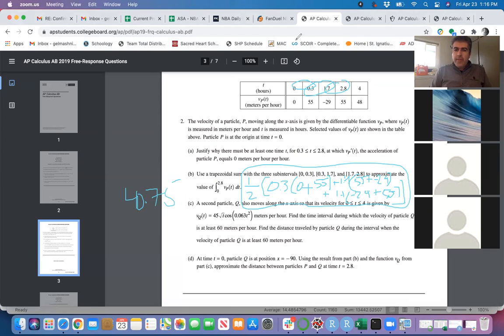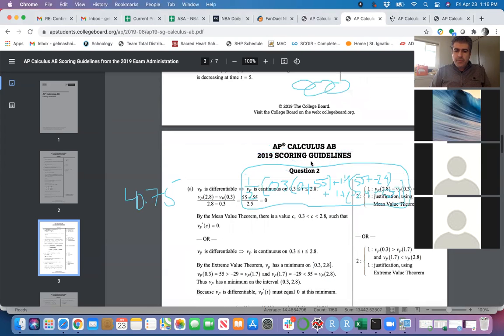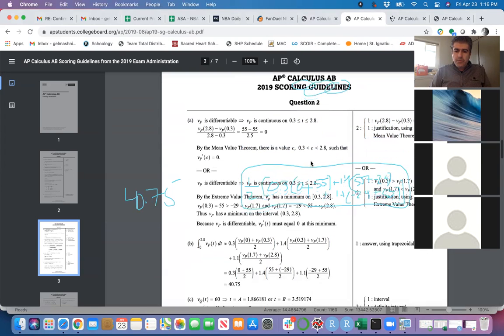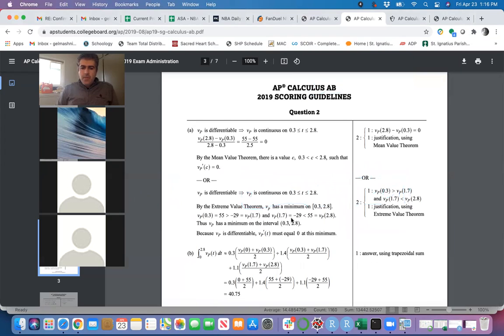Let me show you the scoring guidelines just so we don't get too confused here. Okay. So you consider v_p of 2.8 minus v_p of 0.3, which is worth 1 point, and use mean value theorem. I think that's really the best way to do it.